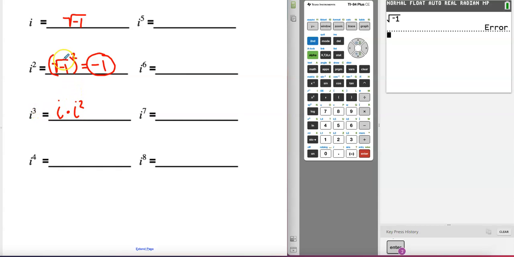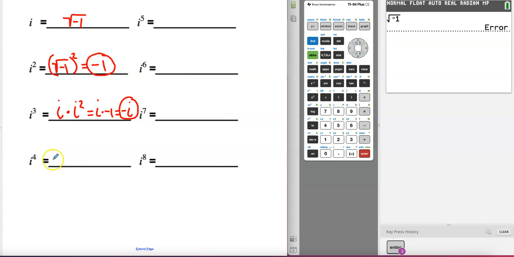I'm using this because I already know the values of the previous ones. So I'm just going to keep i, and I know that the value of i squared is -1. Instead of writing i squared, I can just write -1. So I get -1 times i, which is equivalent to -i. So the value of i to the third power is just equivalent to -i.